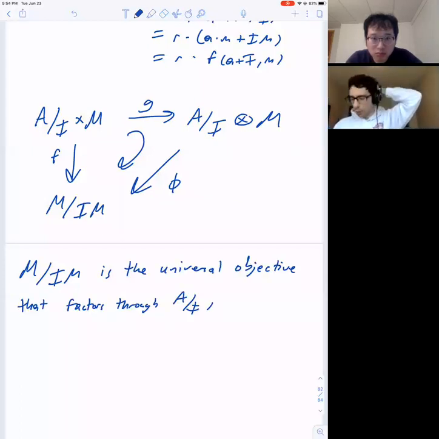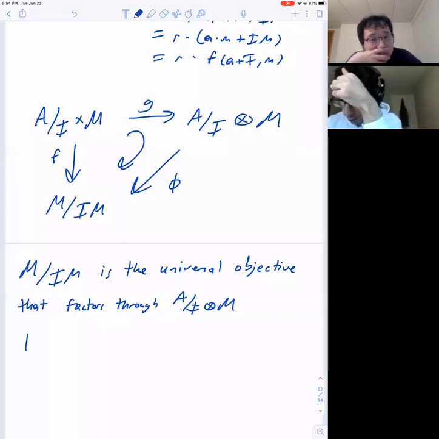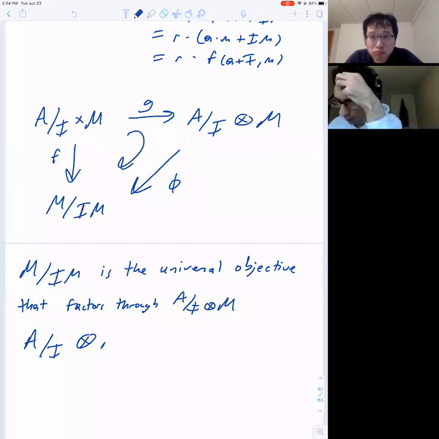So we can in fact say that A mod I tensor M is isomorphic to M mod IM.